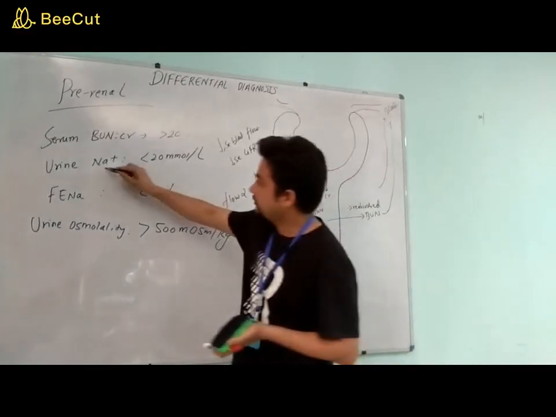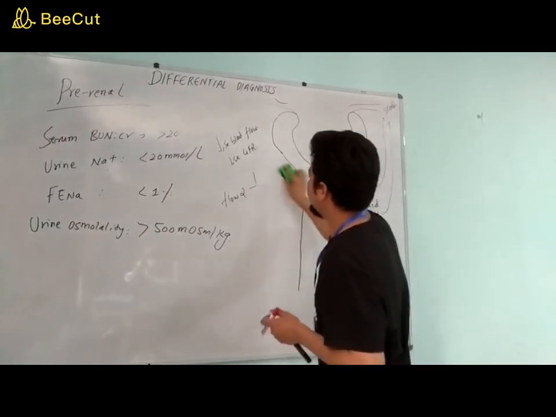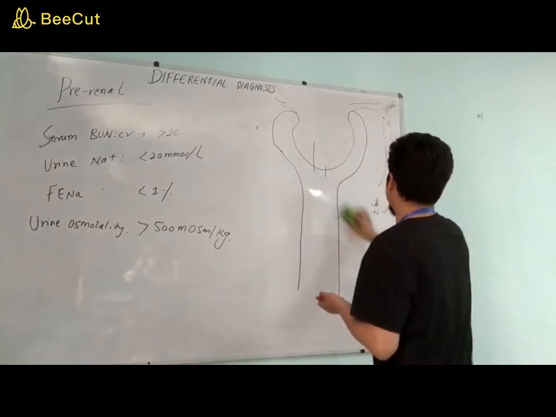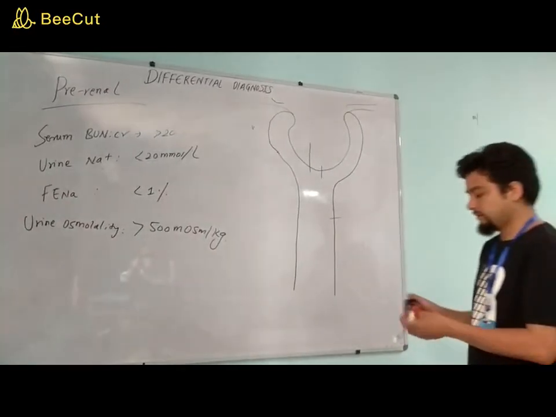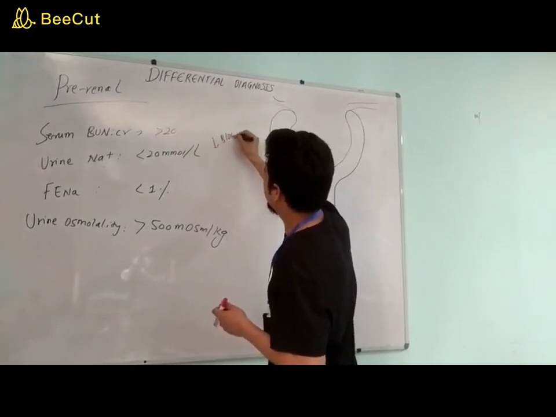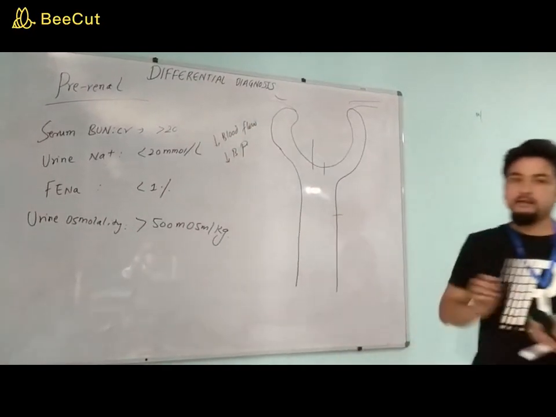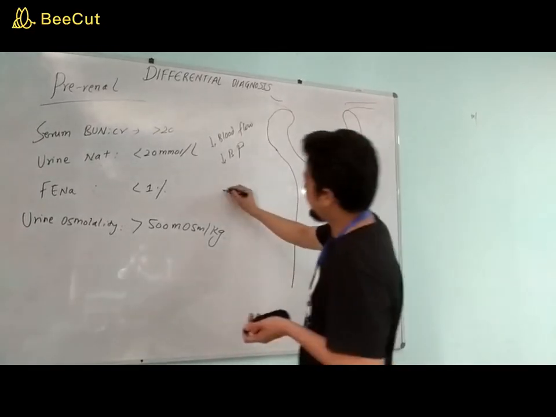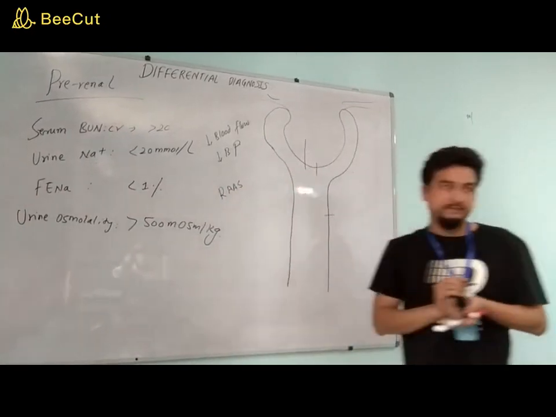Now coming to the next parameter, urine sodium less than 20 millimole per liter. How does it happen? Now forget about BUN and creatinine. Again we know that in pre-renal disease there is decreased blood flow. Decreased blood flow means decreased blood pressure. The decreased blood pressure is sensed by our body and the renin, angiotensin, aldosterone system gets activated.